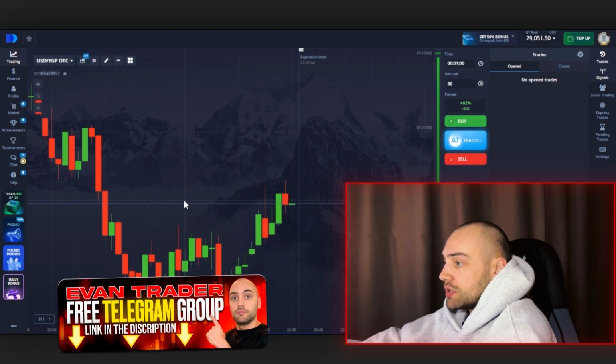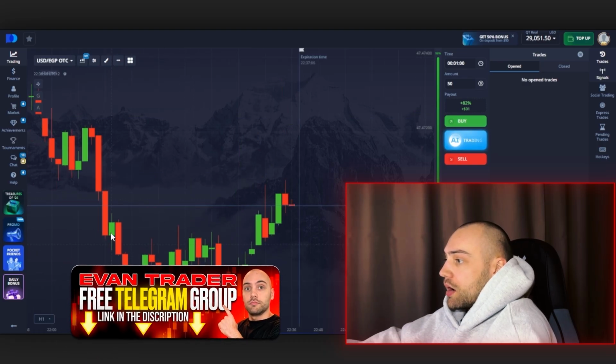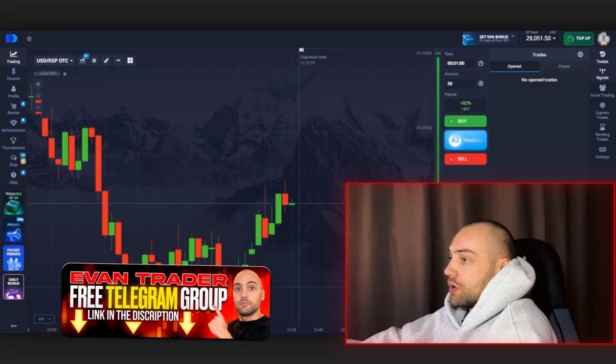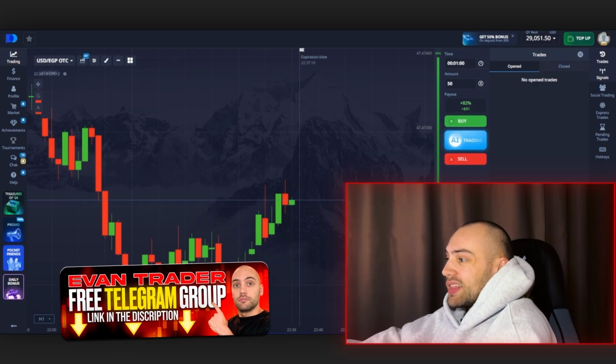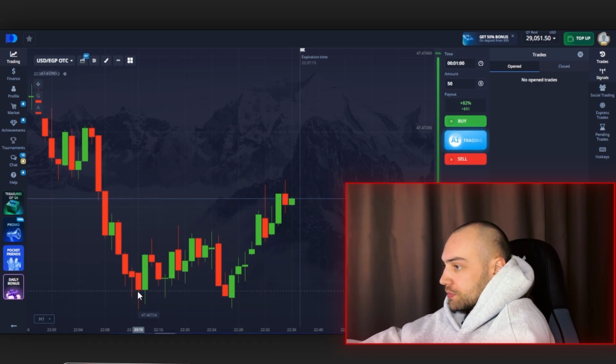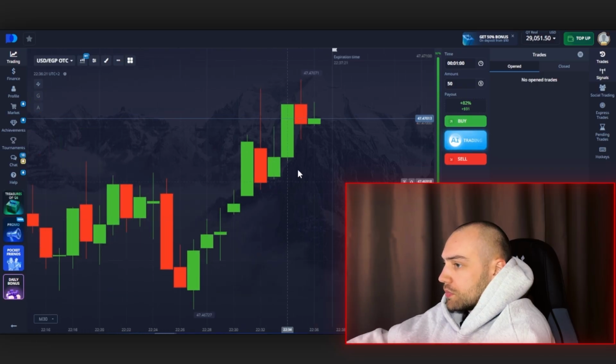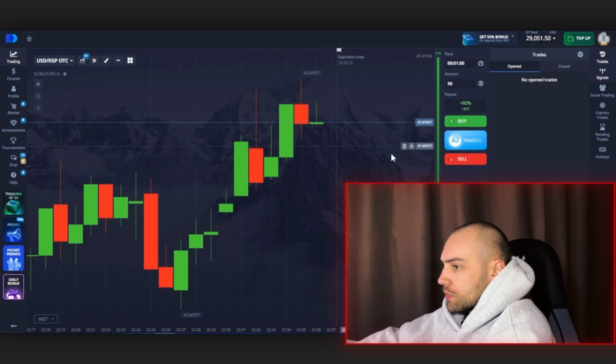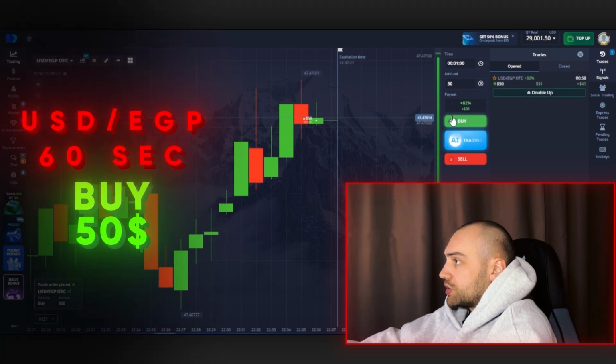There's a moment where there are 3 candles in a row with long tails, and this is the moment that tells us we need to reverse the trend. Okay, so let's open.